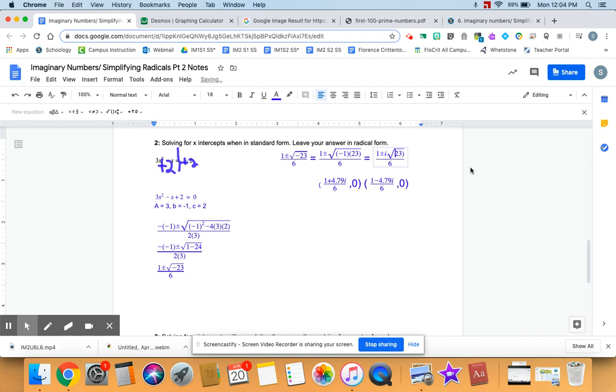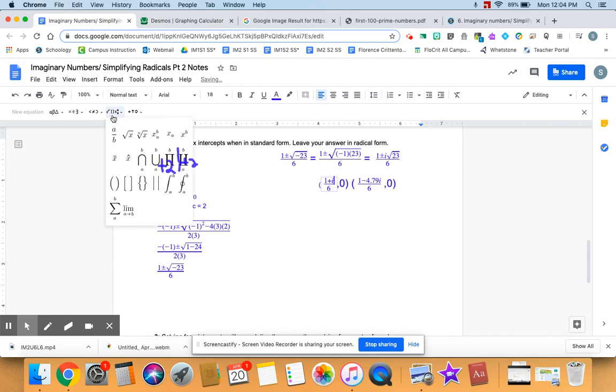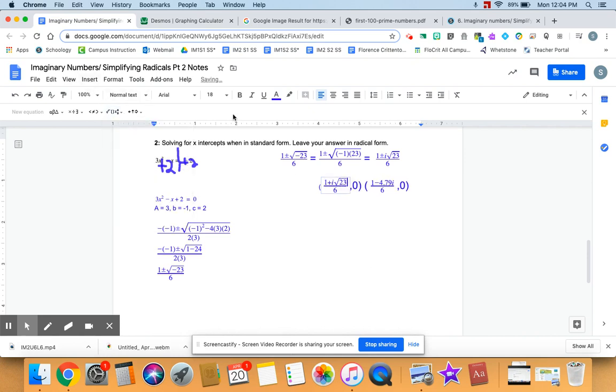But root 23, you can't break apart, so it just stays as root 23, which means what they want here instead of the decimal is they want this, say, plus i root 23, minus i root 23.